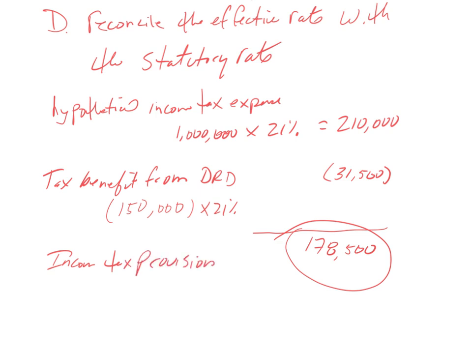And so this process right here is our reconciliation. We're going to go from our hypothetical statutory rate of 21%, and we're going to pull out all of your permanent tax differences, and then that's going to get you down to your income tax provision. And so that's what that reconciliation looks like.